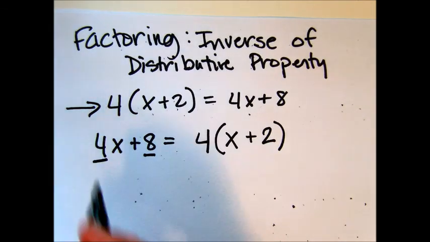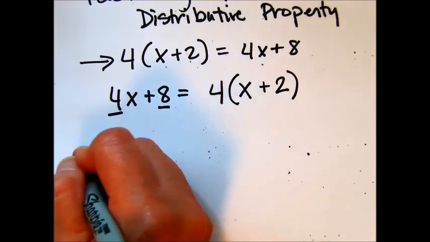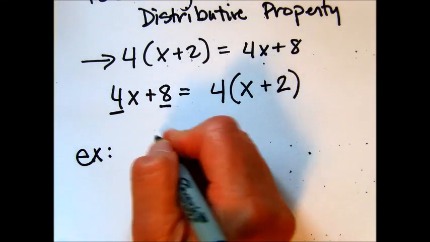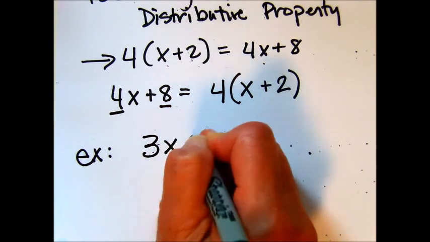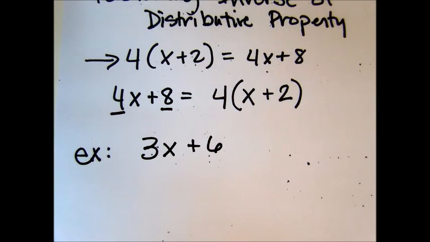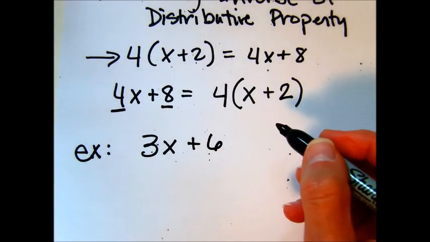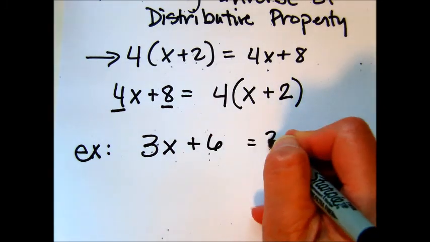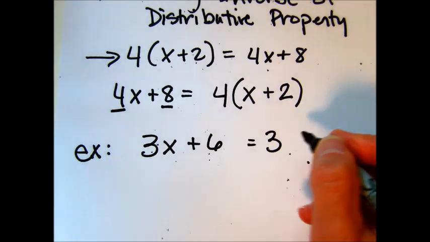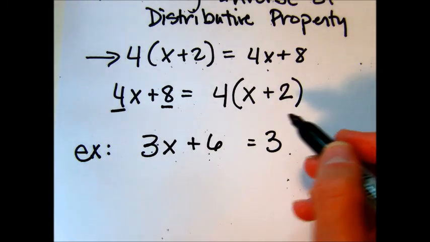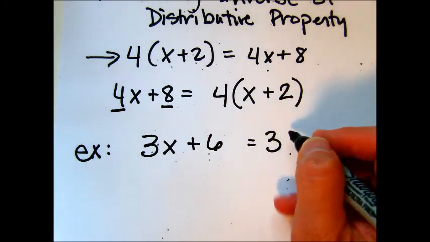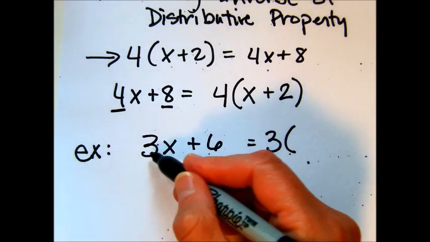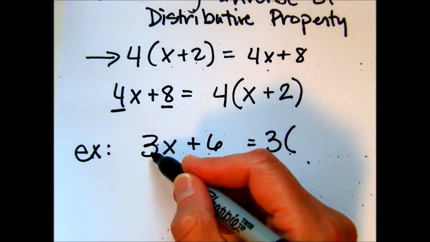So let's just talk, I just want to give you a few examples on factoring. Let's say we have 3x plus 6. Think of the greatest common factor between the two terms. We've got 3. Now divide each term by that factor, and that will tell you what's inside the parentheses. So 3x, 3 divided by 3 is 1.